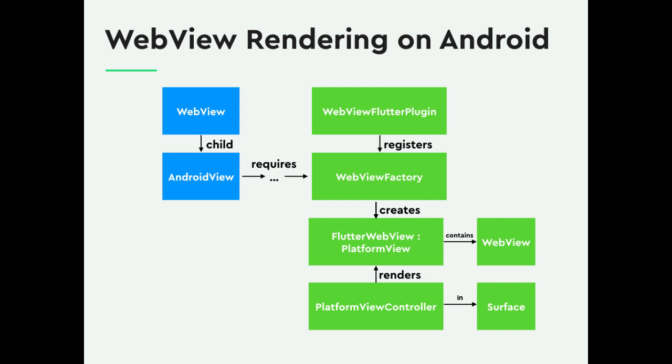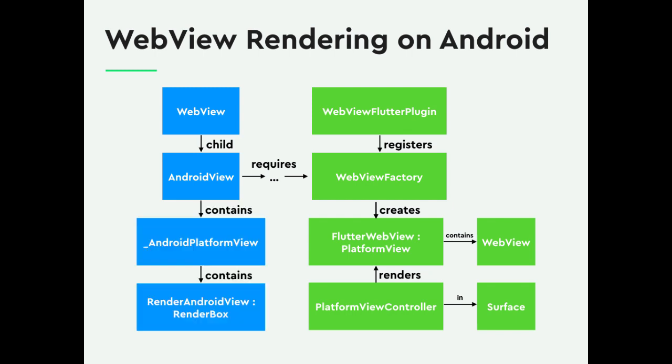Let's see how. On the Flutter side, this Android view contains an internal class called Android Platform View that is going to use this RenderAndroidView, which of course will render. This is not a widget, this extends RenderBox, which in short is basically drawing objects in two-dimensional space.